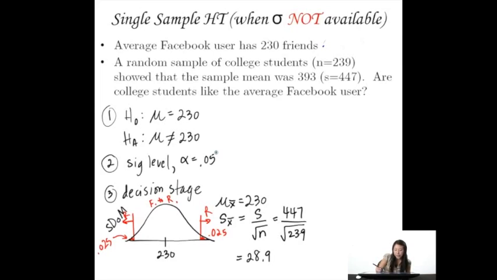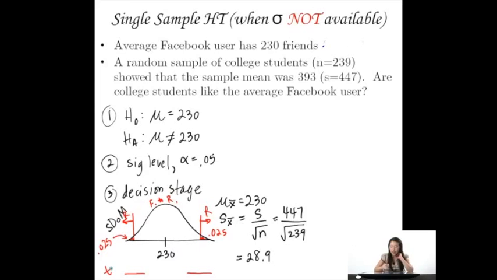So what we do here is we want to figure out what is our actual t statistic, how many standard errors we are when we talk about these borders. What's our critical t? So that would be the t values here. So these are our raw values in terms of friends, but we want to know it in terms of standard error.